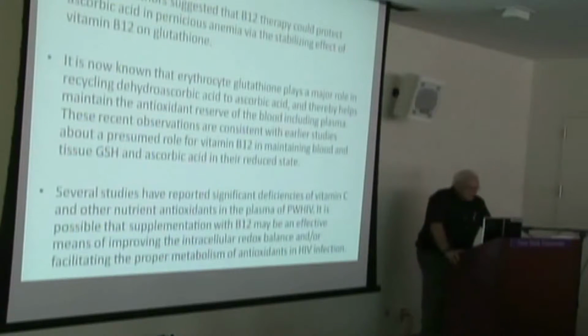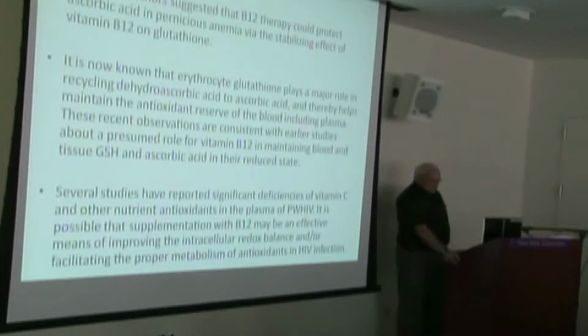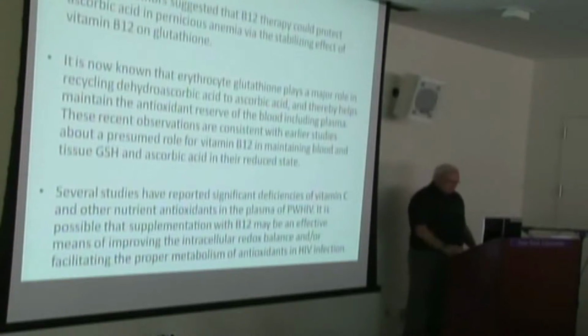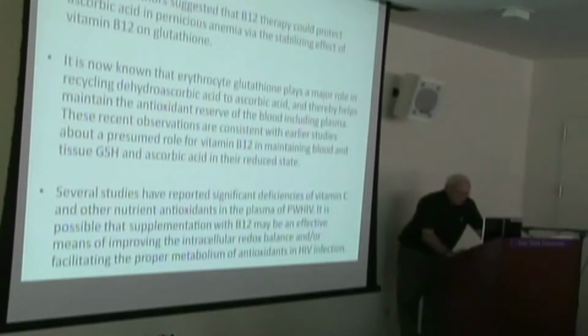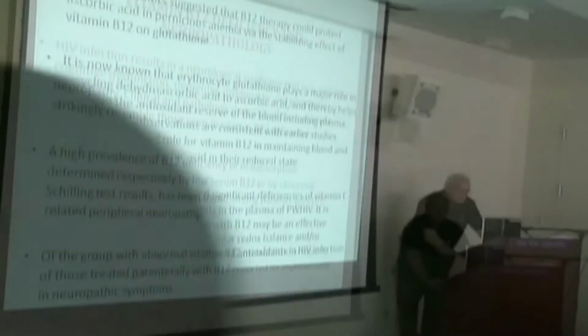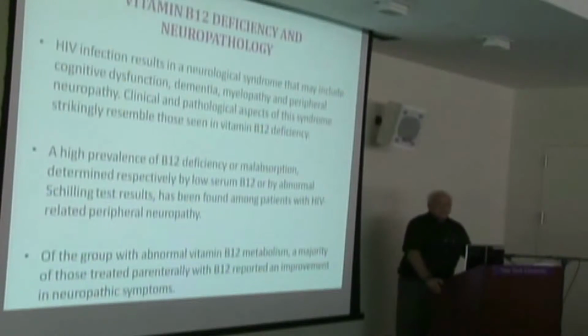And B12 also has a function in this process of maintaining tissue GSH. And so these nutrients are very important with people suffering from HIV. They can develop neuropathy, very much the same symptoms as in HIV. Ultimately, it causes the numbness and whatnot, and they can get sores and ulcers in the legs, and the leading cause of amputation is diabetes, and that's caused by diabetic neuropathy at its extreme.